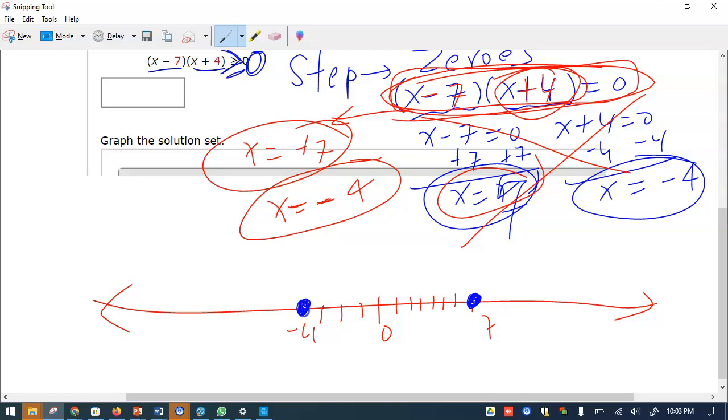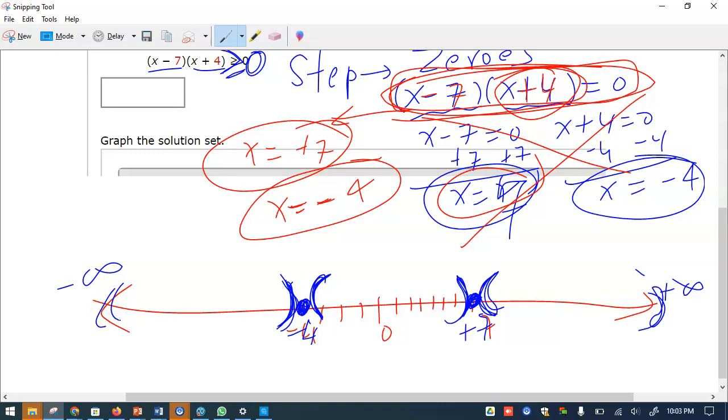These two numbers, negative 4 and positive 7, break the entire real line into minus infinity to minus 4, then minus 4 to plus 7, and then plus 7 to plus infinity.